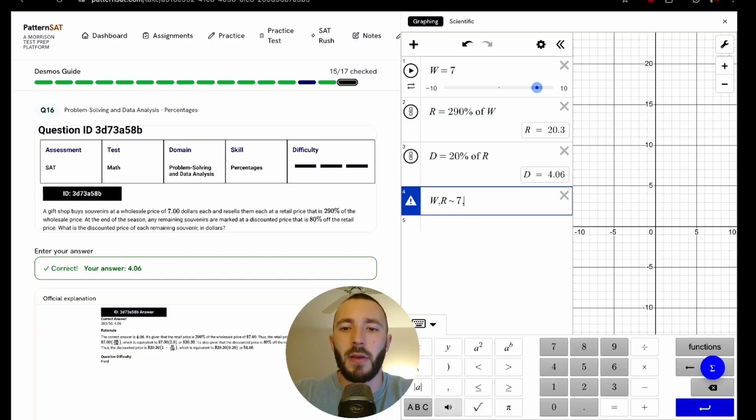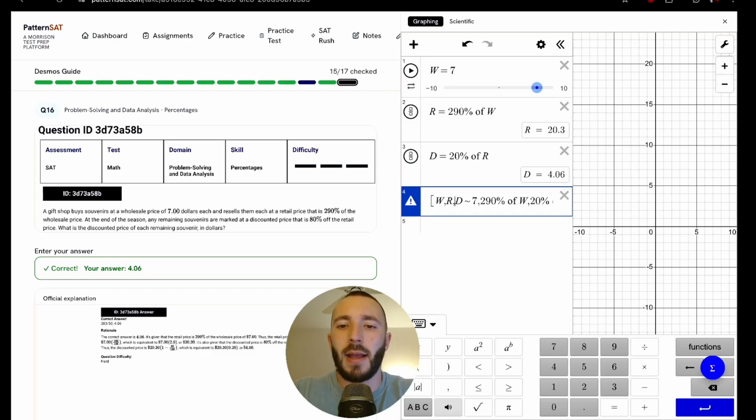R is equal to 290% of W, and D. Notice I'm doing the left side all on one side and the right side's all on the other side, and they're separated by commas. So this is not 7,290. This is 7 is W, 290% of W is R, and D is going to be 20% of R. And the only reason it's not working right now, I believe, is because they need to be in brackets.